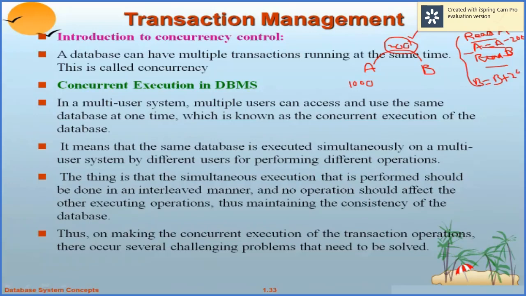And finally, I write A and write B. So if you observe here, I have a set of operations performed to accomplish my main task of transferring 200 from account A to B. This is a simple example of a transaction.